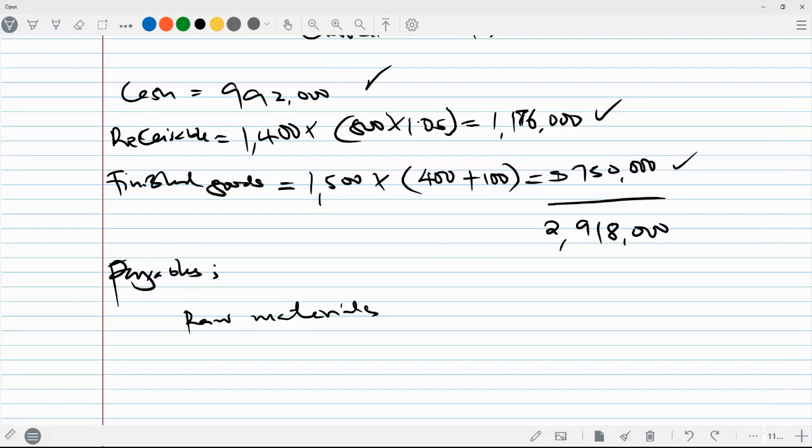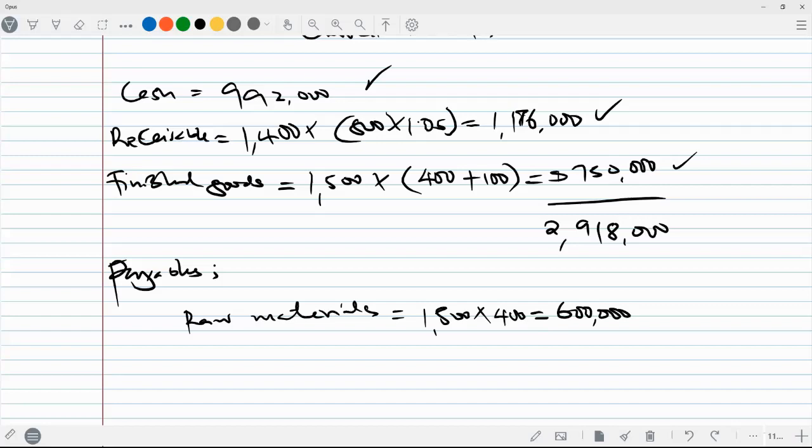They're part of the payables: 1,500 times 400. Is that clear? It's clear. Therefore, the payables, the amount outstanding to be paid to suppliers, is equal to 600,000.